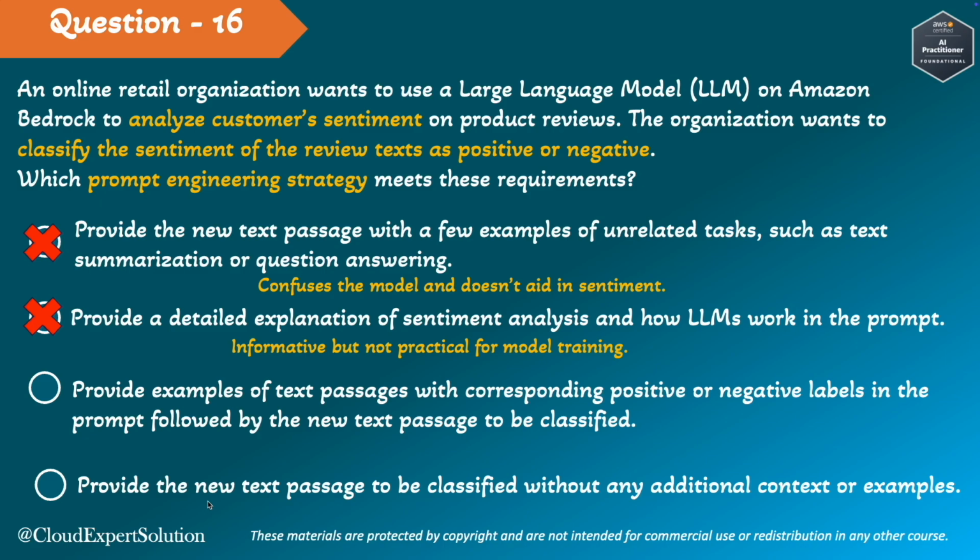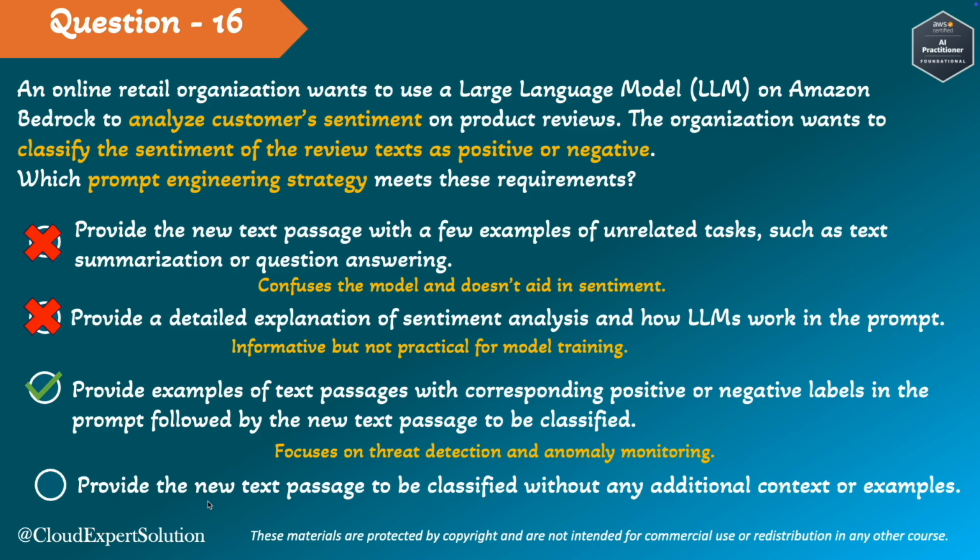Option number 3 is saying provide examples of text passages with corresponding positive or negative labels in the prompt followed by the new text passages to be classified. This approach provides clear examples that can help the model understand and perform the sentiment classification accurately. Hence, this is a potential correct option. Let's review the last option.